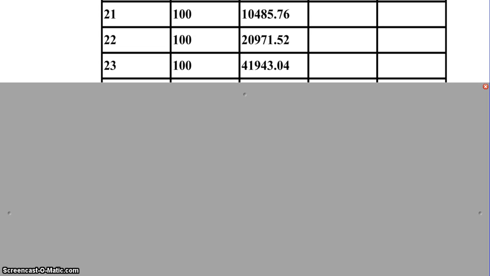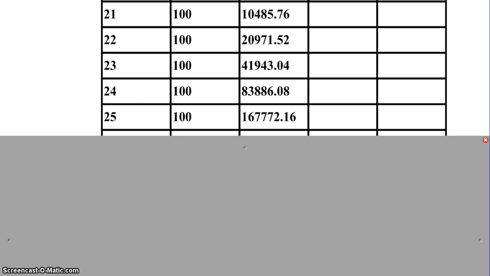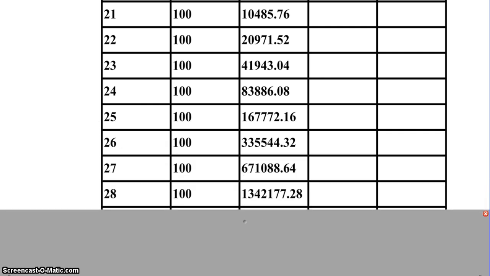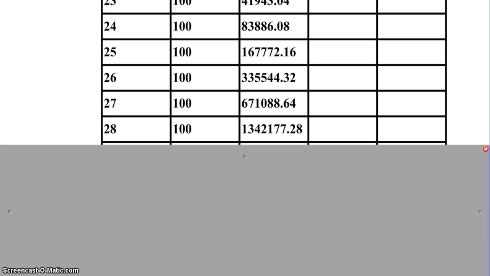Now, hopefully we chose the right-hand column. On the 28th day, you earned $1,342,177.28 in the right-hand column, and you still got $100 in the left-hand column.